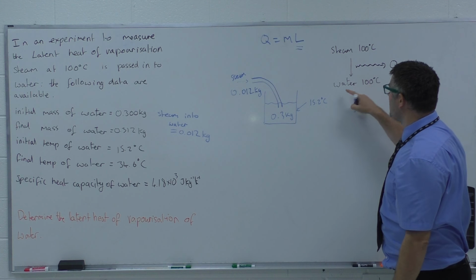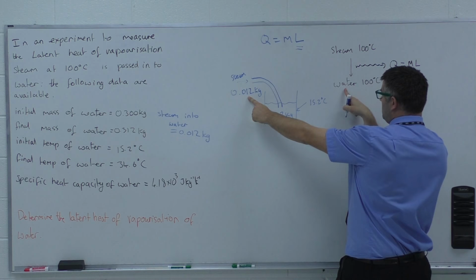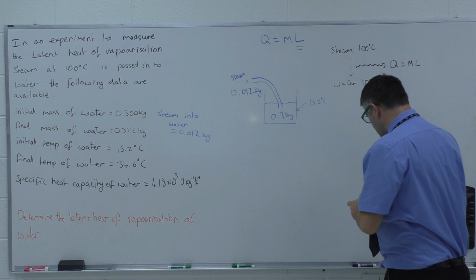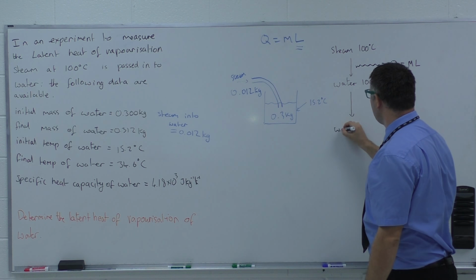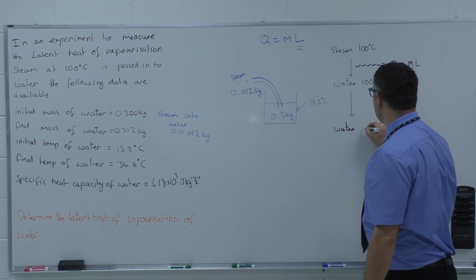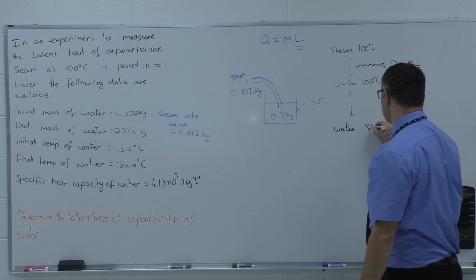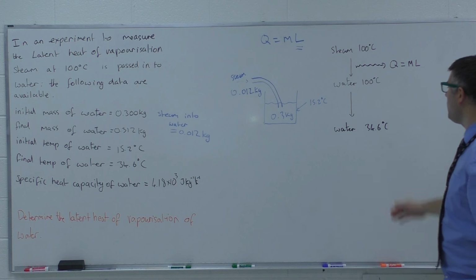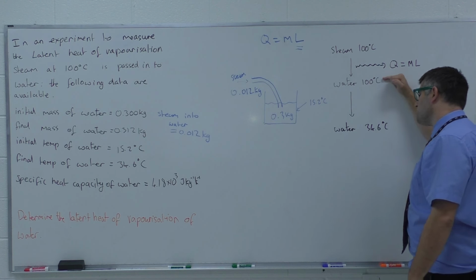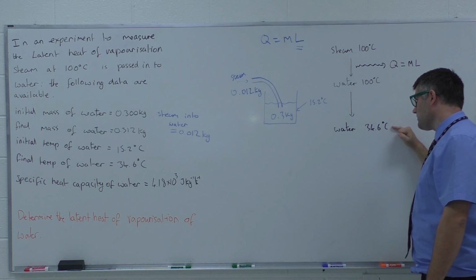This water that was steam is going to turn into water at the final temperature, which is 34.6 degrees Celsius. So we're going to get water that drops from 100 degrees Celsius to 34.6 degrees Celsius.